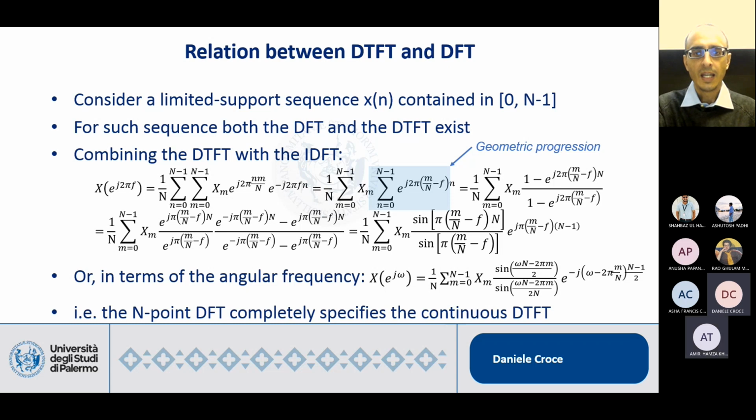And if you use the angular frequency, omega, then it's a very simple transformation and you have the results here, okay? So what we obtain is basically that we can represent the discrete time Fourier transform X(e^{jω}) as samples of the discrete Fourier transform.